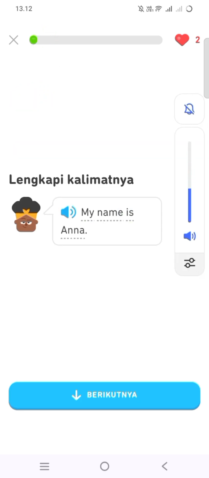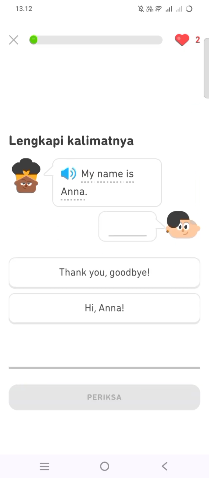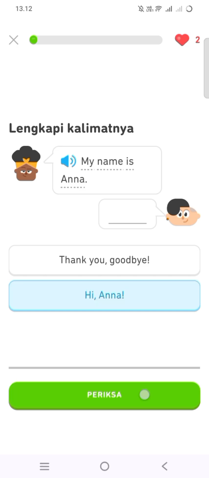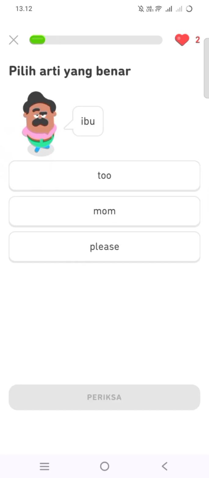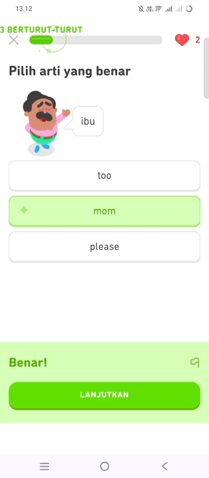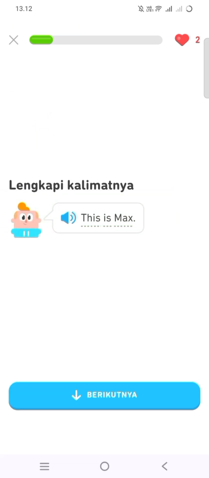My name is Anna. She introduced herself and let's say, "Hi Anna." Ibu. Ibu in English is mom. Mom. This is Max.